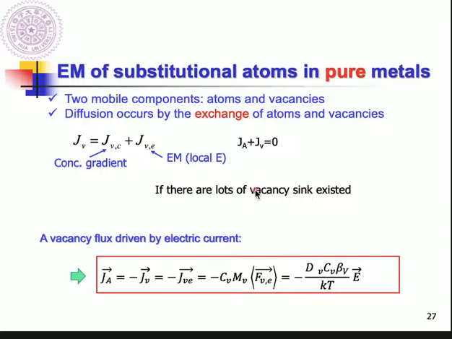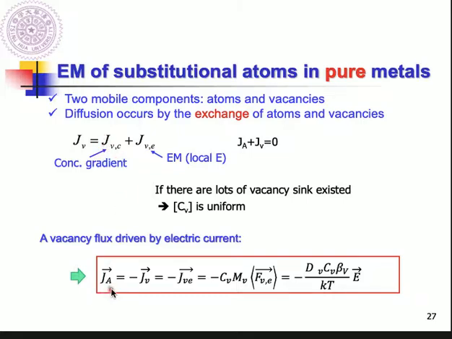So as long as a vacancy is generated, it will be absorbed by the crystal imperfection sites. So we can make this assumption: the concentration of vacancy along your material is uniform. If it is uniform, that means no flux, right? Because there's no concentration variation of vacancy. So you can drop this term out.